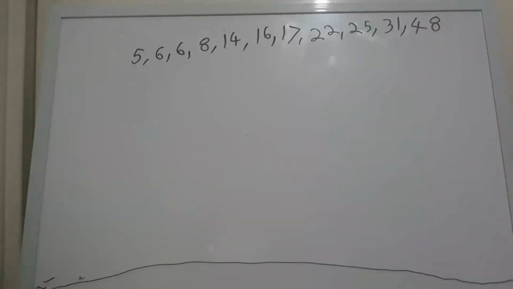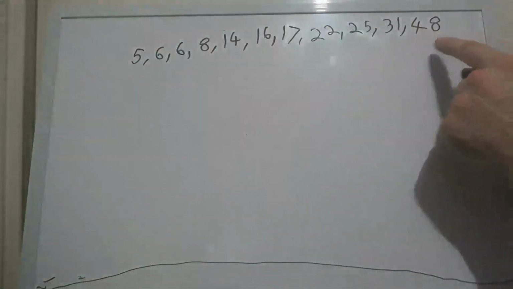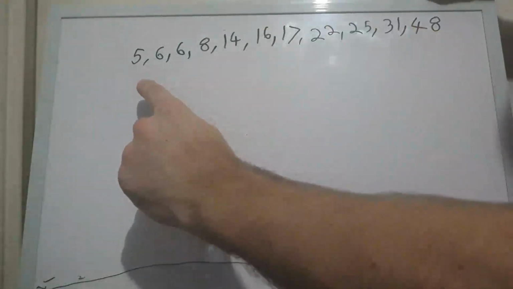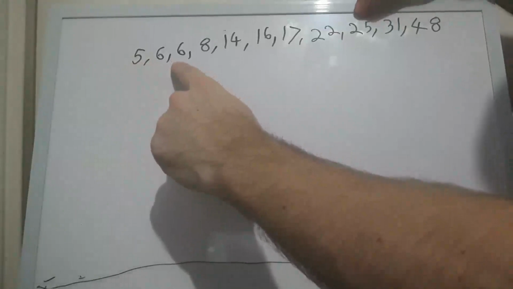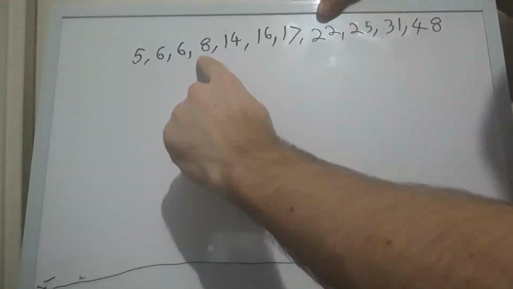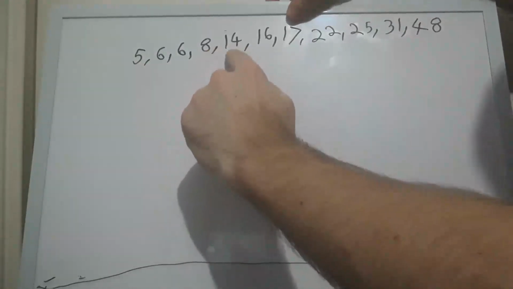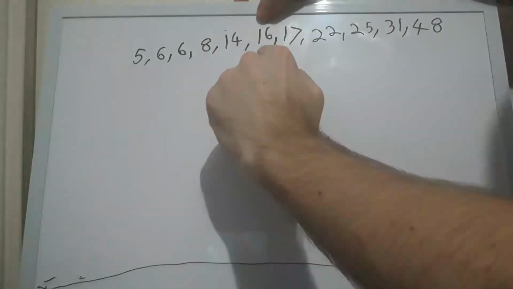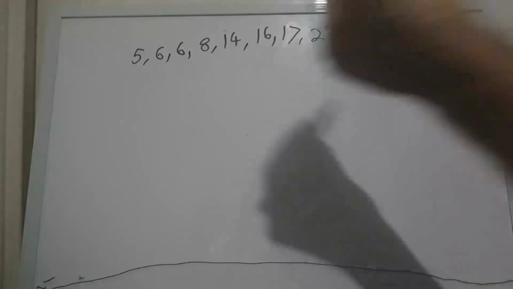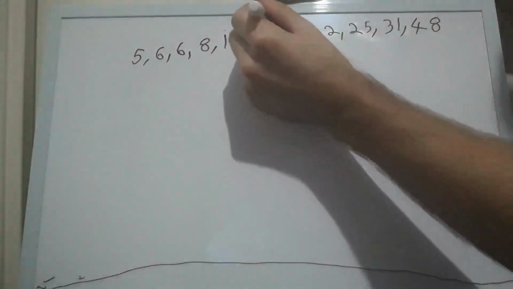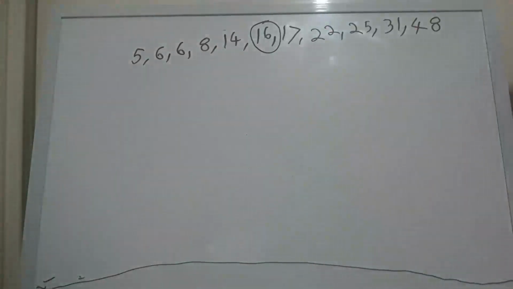That doesn't quite make a lot of sense, but the safest way to do this is quite simply to count from that end and that end. So you have 48 and 5, 6 and 31, 6 and 25, 8 and 22, 14, 17, and then 16 is your number in the middle, right? So 16, this number here, will be our median.